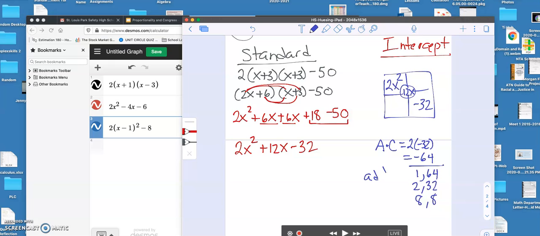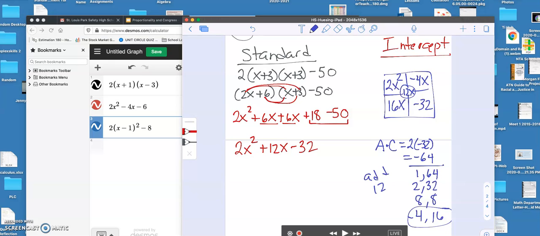So we need these to add to 12. Let's see, I must be missing one. Does 4 go in there? 4 and 16. Well, if one was negative, that would give us negative 64 and add to 12. So negative 4x and 16x.